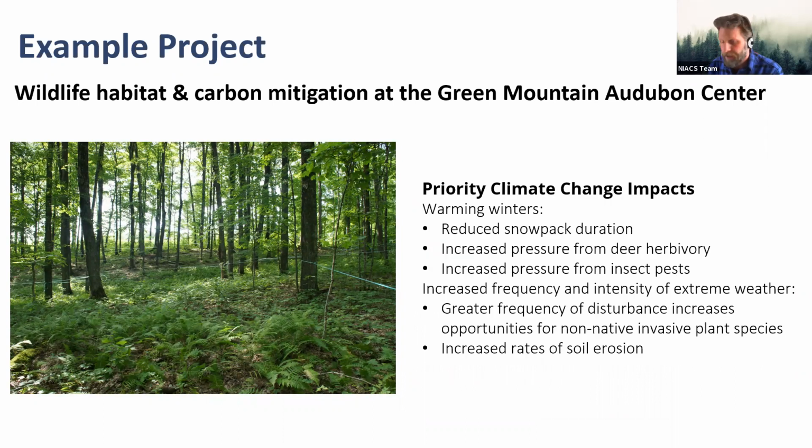So for their particular site, which was a northern hardwood site that had an overstory of mature hemlock in parts of it, and other parts where the sugar bush was predominantly sugar maple, they're really concerned about the impacts that are associated with warming, in particular the warming winters, which means a reduced duration of snowpack for their site, increased pressure from herbivory from deer, increased pressure from insect pests as well.